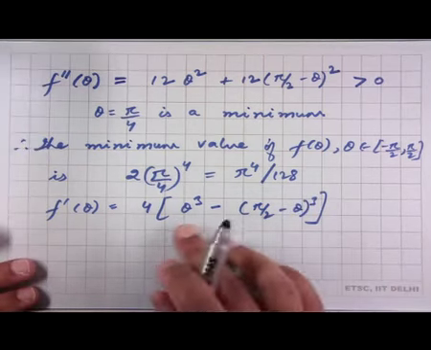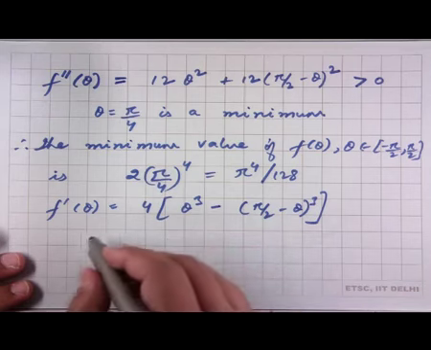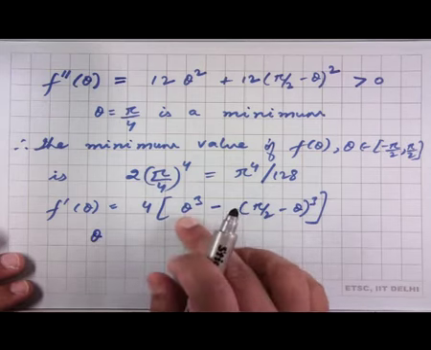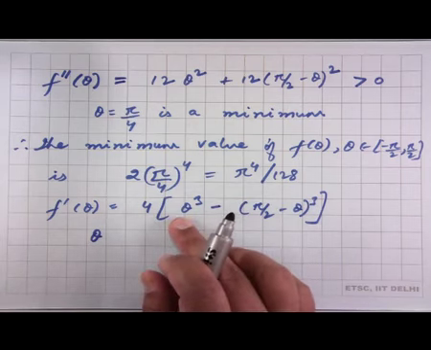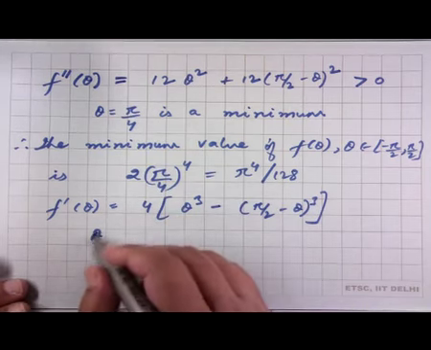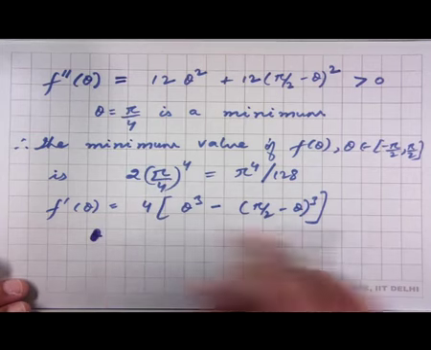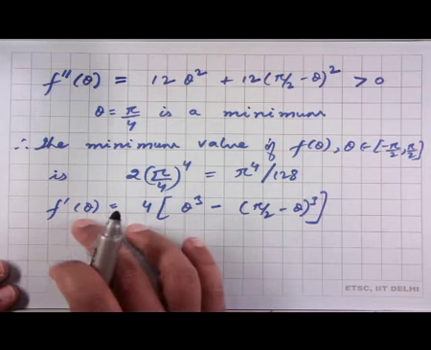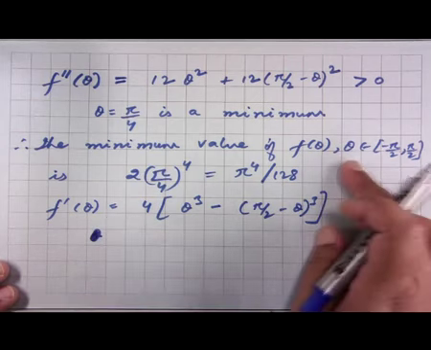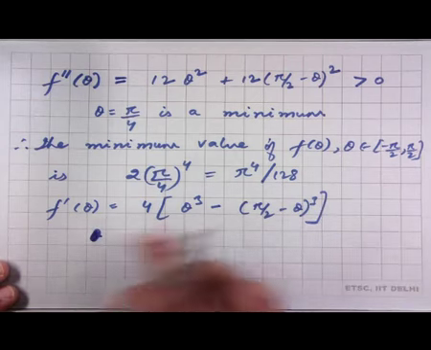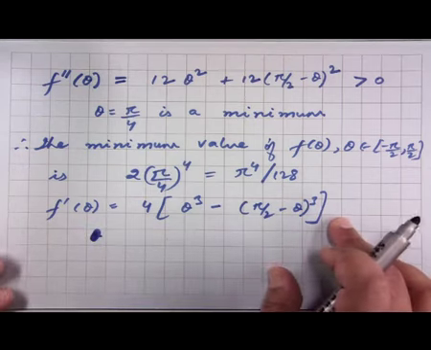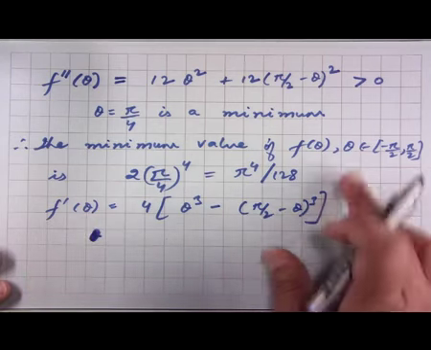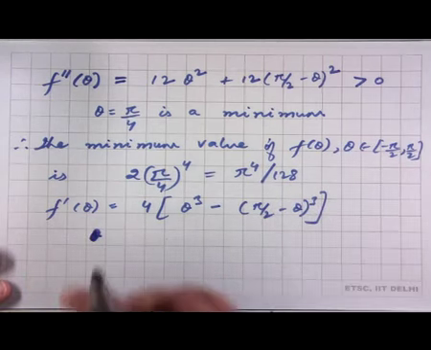Now, since the value of theta is between minus pi by 2 and plus pi by 2, we need to examine the value of the first derivative, or rather plot a graph of f dash theta with respect to theta. We know that there is only one place where it is equal to 0, but what about the value of the first derivative at other values of theta in this interval?